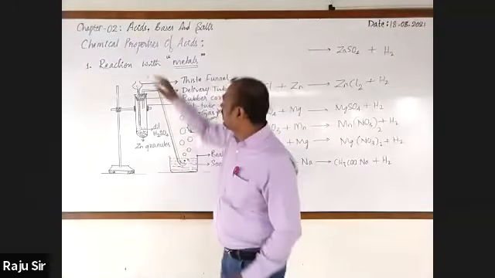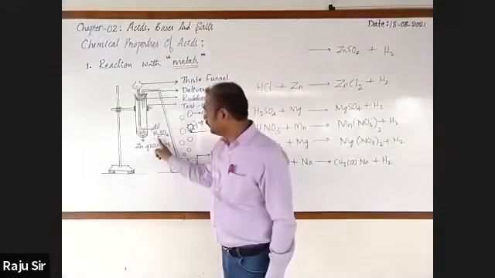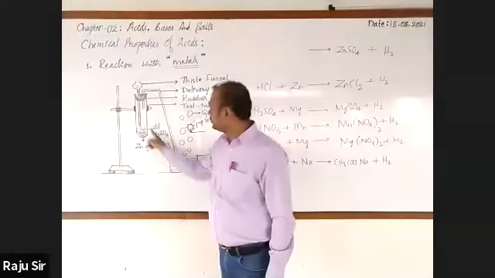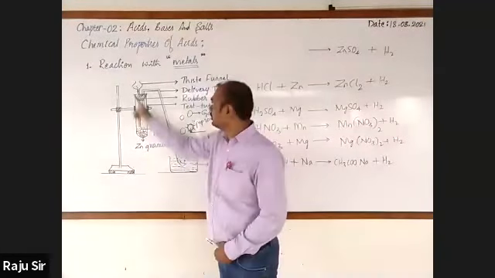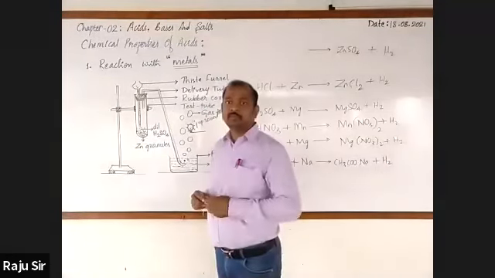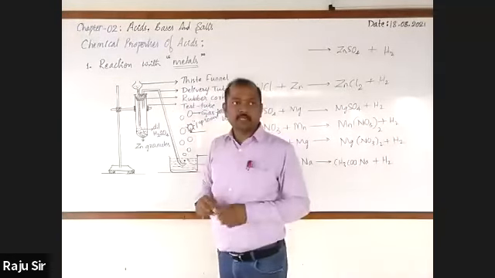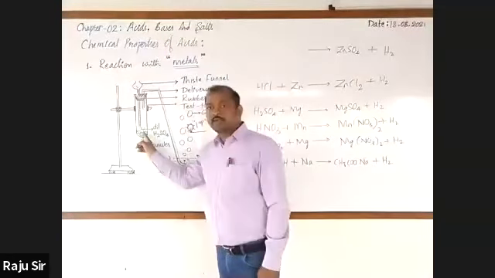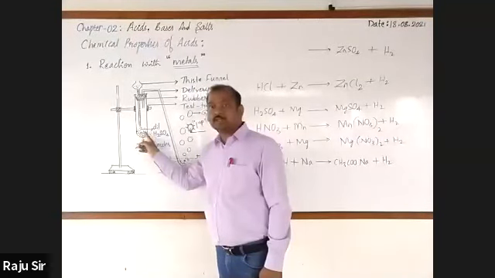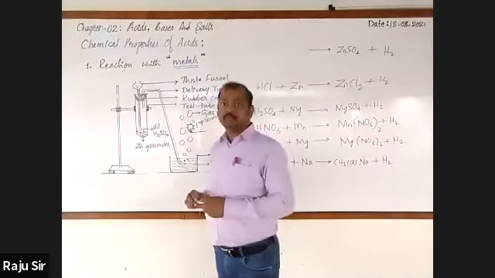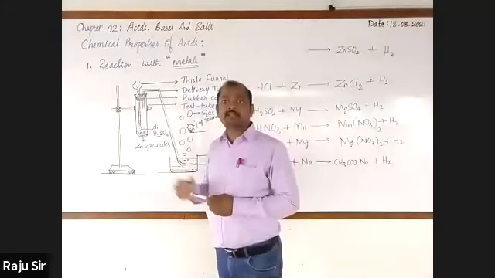Procedure. Add dilute sulfuric acid to the test tube containing zinc granules through a thistle funnel. It is observed that a vigorous reaction takes place in the test tube and a gas is evolved.